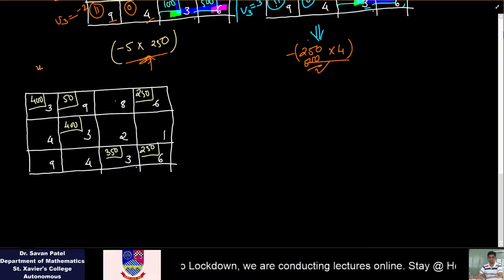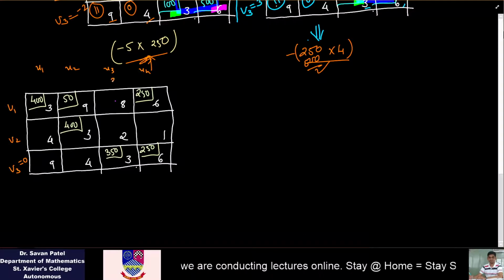So let U1, U2, U3, U4, V1, V2, V3. You can take any one to be 0. So I am taking V3 to be 0. Okay, so here U3 is 3, U4 is 6 because their corresponding sums are 3 and 6.